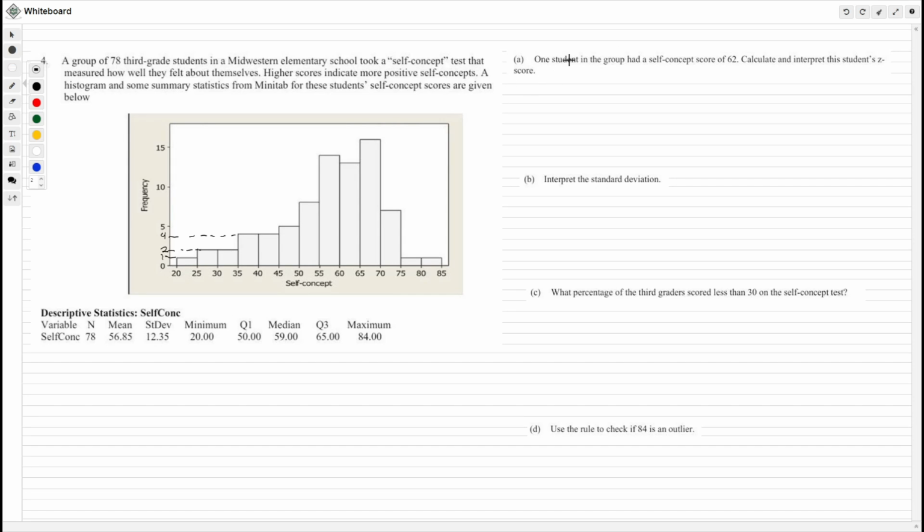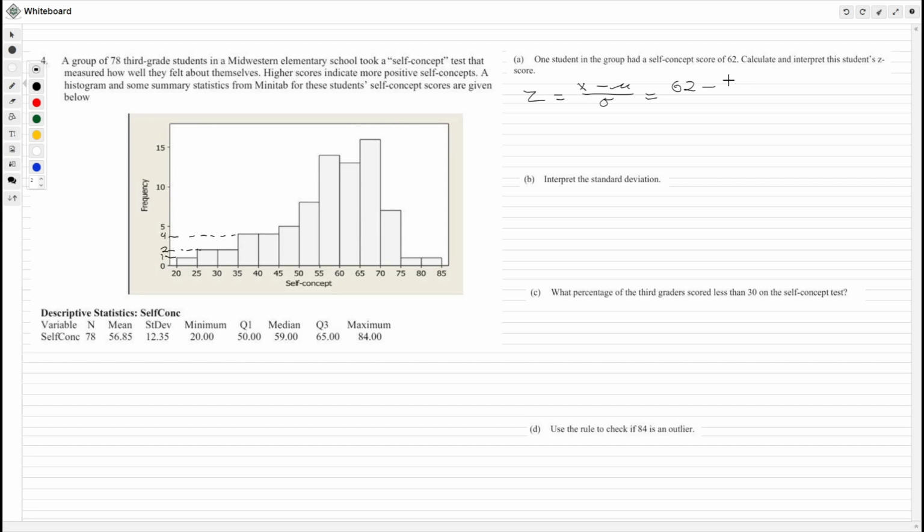So part A, one student in the group had a self-concept score of 62. Calculate and interpret this student's z-score. Recall that a z-score is equal to the value in question of a particular student minus the mean, divided by the standard deviation. To solve, plug in the values as given. 62 is the x value.